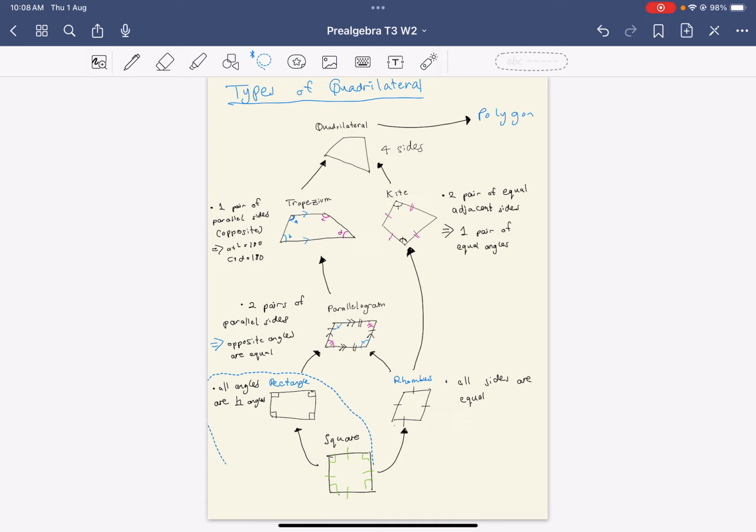The more general it is, the harder it is to deal with mathematically. So we're going to spend a little more time learning the area formula for the trapezium, the kite, and the parallelogram, because we're probably a little less familiar with those. But yeah, those are the types of quadrilaterals.